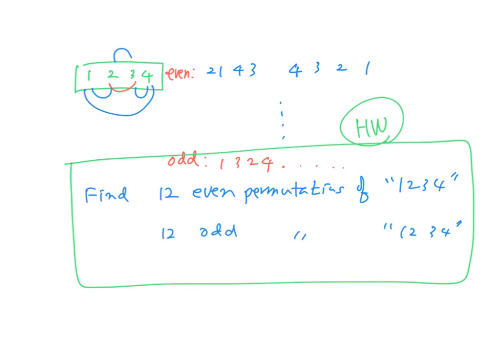If I expand to 5, how many do we have? 120, so that's a little too much, right? So let's just focus on 4 by 4. Another homework: I said 4, 3, 2, 1 is even, so you change your neighboring numbers twice.